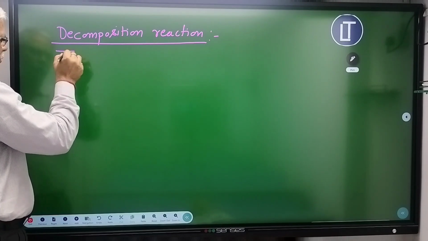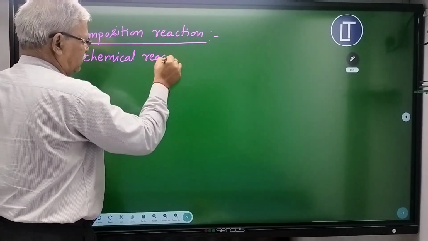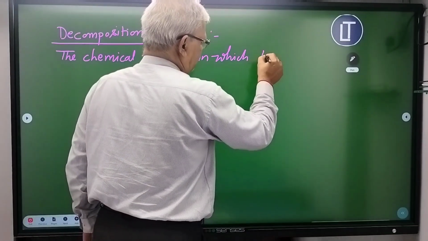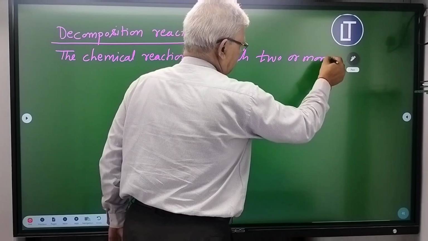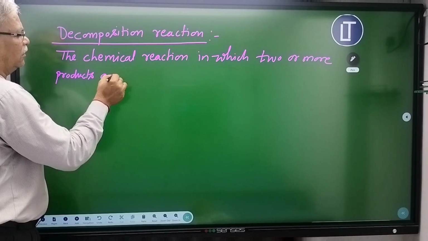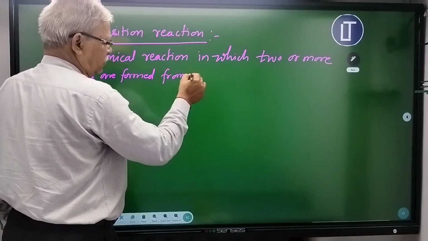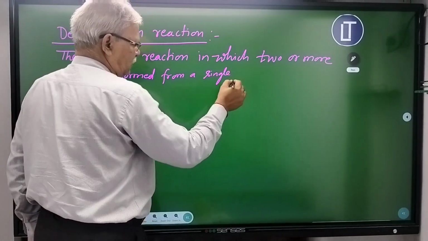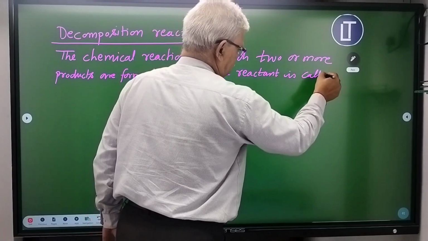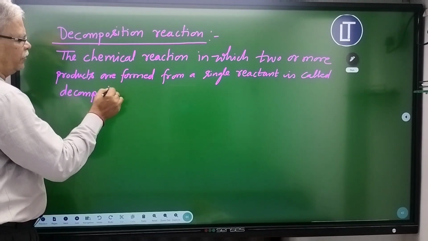Here, a chemical reaction in which two or more products are formed from a single reactant is called a decomposition reaction.